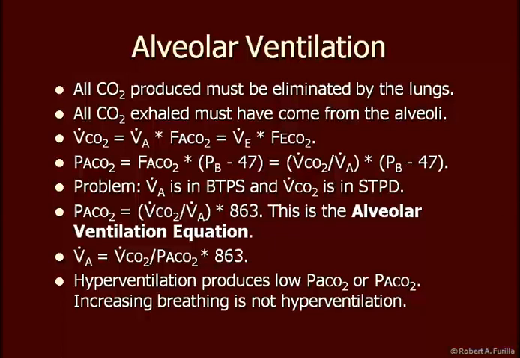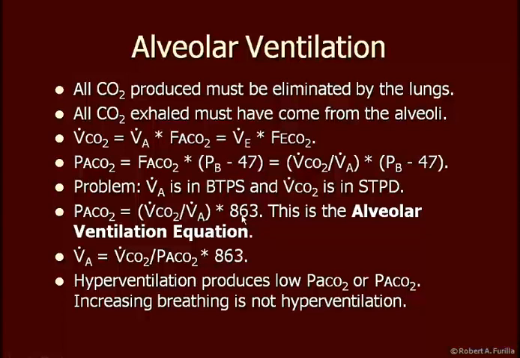Another point I wanted to make is that we measure alveolar ventilation and CO2 production using different units. Body temperature pressure saturated air or standard temperature pressure of dry air. That means we have to use a conversion factor of 863, and again, that's independent of altitude.